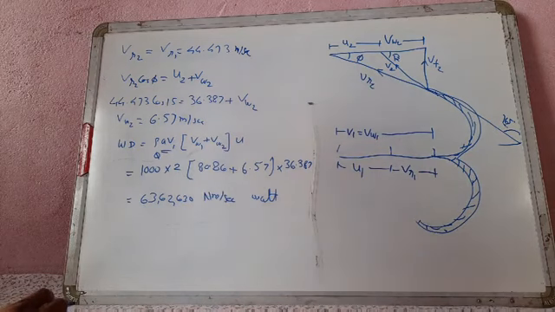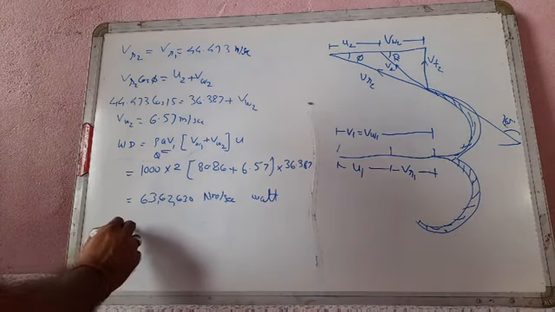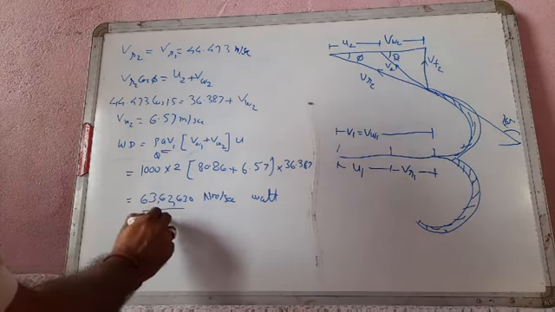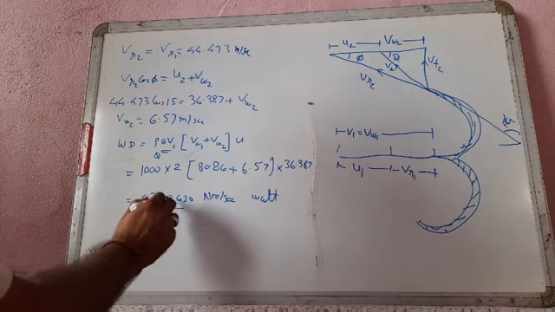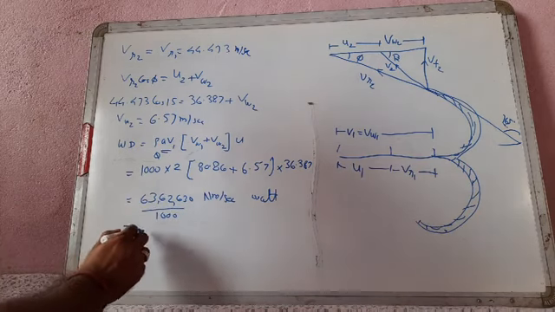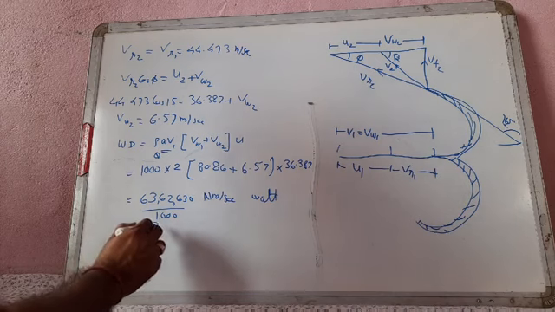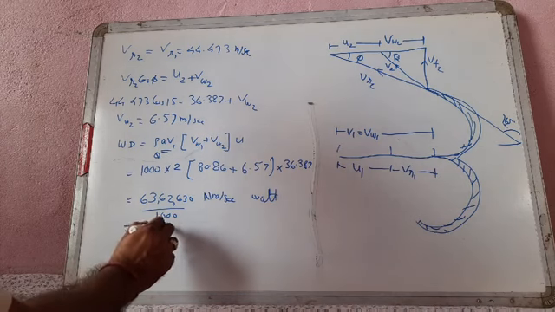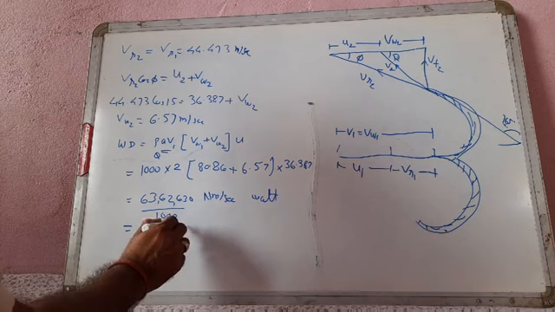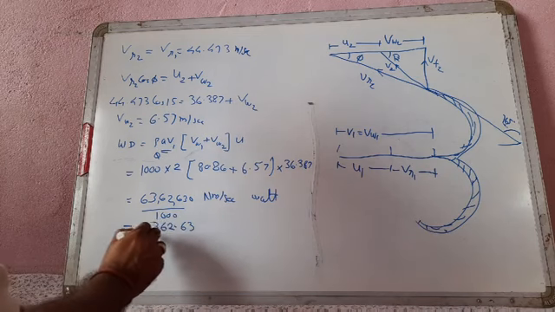So we have to find the power in kilowatt. So this is divided by 1000, so this is 6362.63 kilowatt.